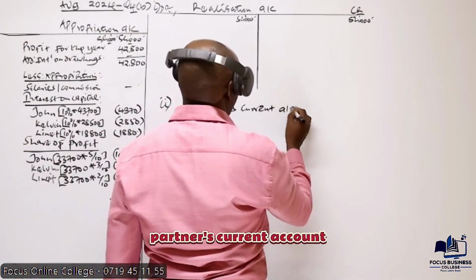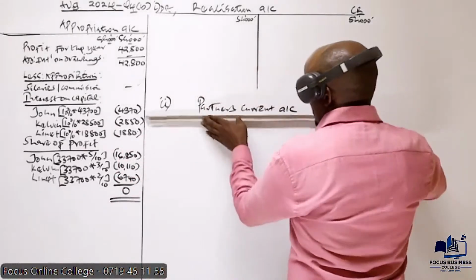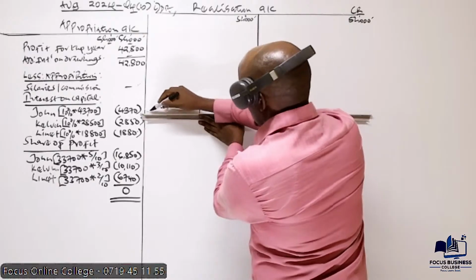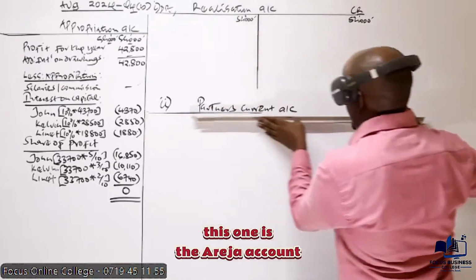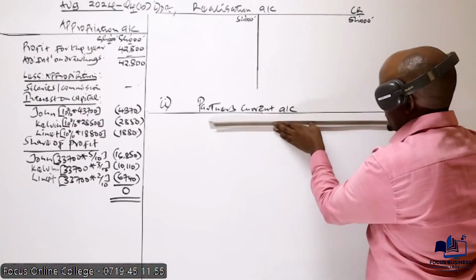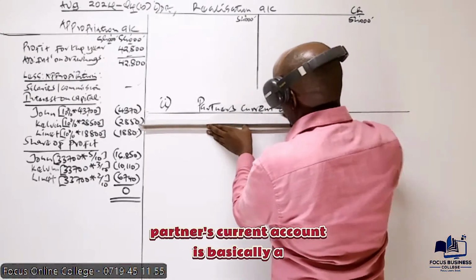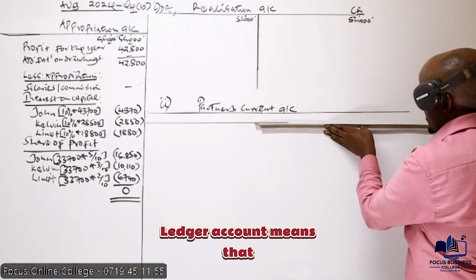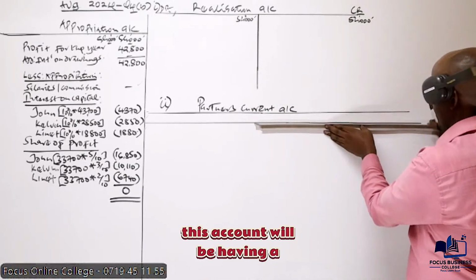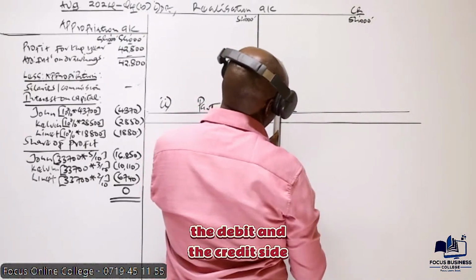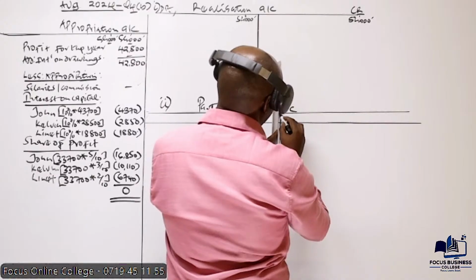Remember, the partners current account is a ledger account. Ledger account means that this account will be having a debit and a credit side.